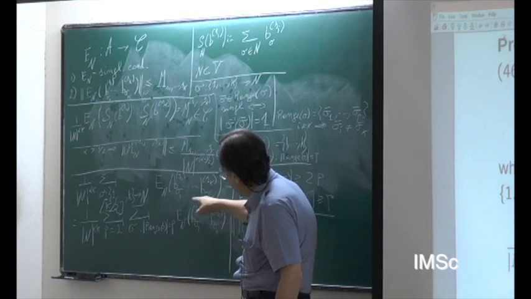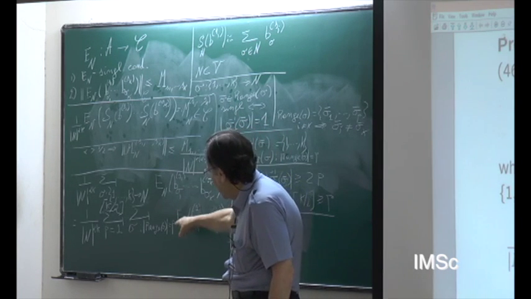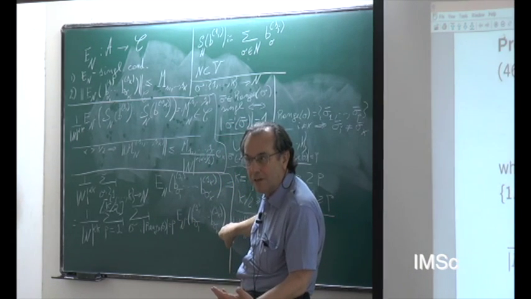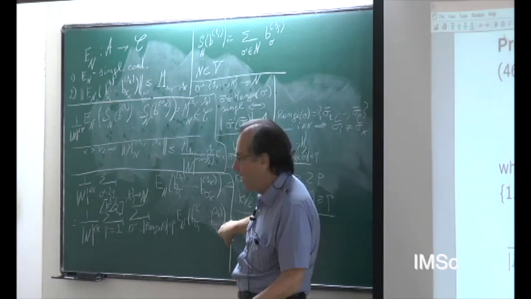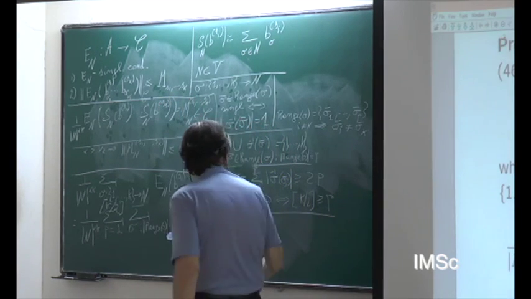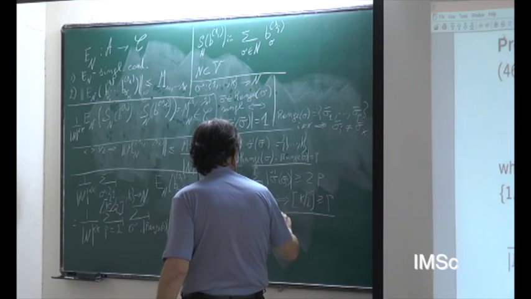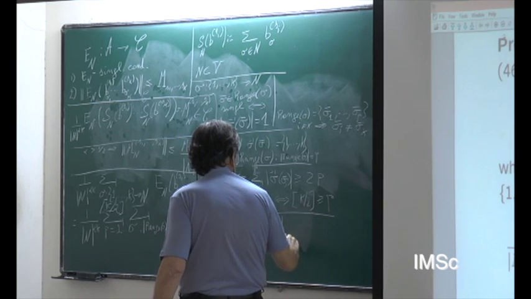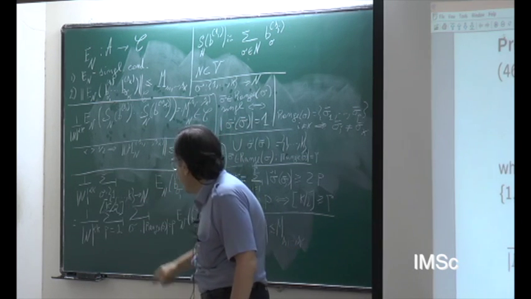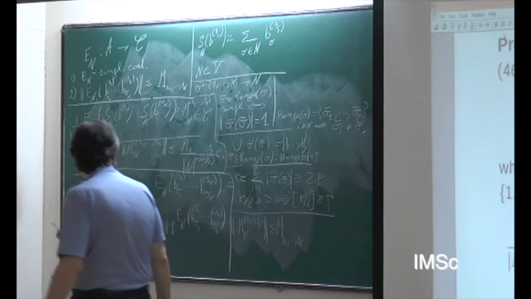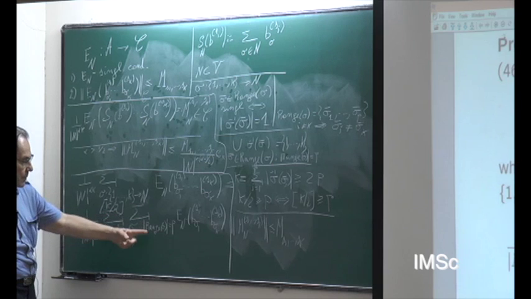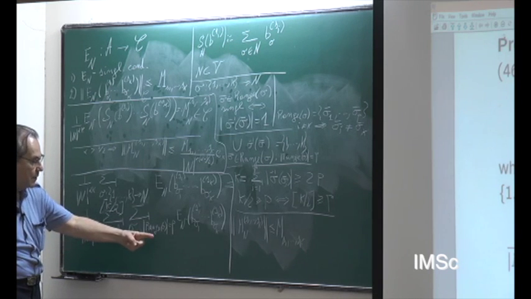I majorize the norm of this sum by the sum of the norms using the triangular inequality. Then this depends only on S1 Sk, so it goes outside the sum. And then it remains how many terms there are in this sum.